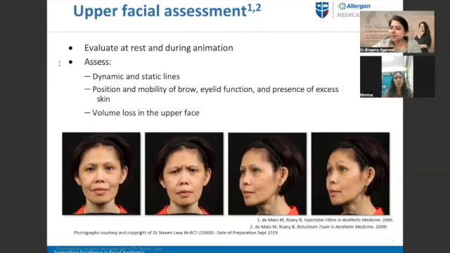Right? And we can discuss it anytime in case you have a doubt about it. So you have to evaluate at rest and during animation. The poses should be the frontal view, the profile view, and oblique right and left.